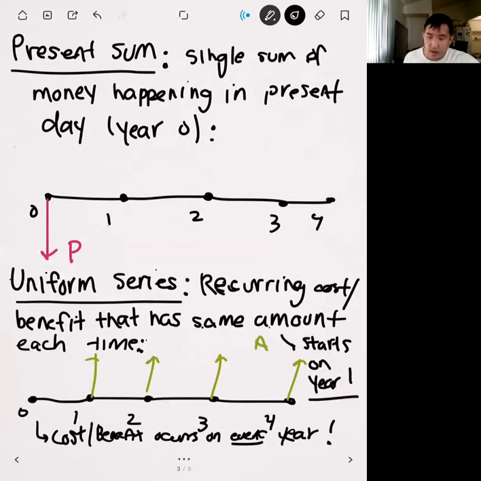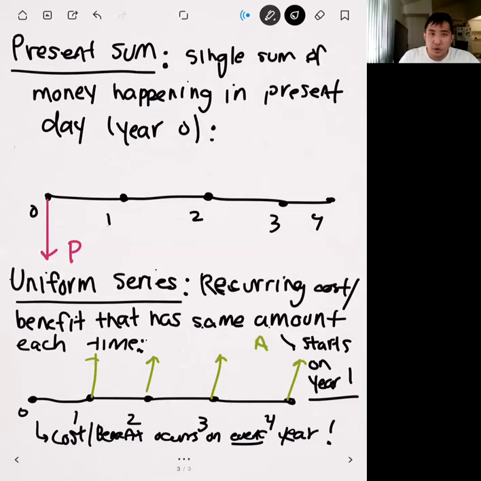I'll stress this throughout this review session: whenever you're doing these cash flow problems, present worth, annual cash flow, even just computing equivalent cash flows, I really want you to draw the cash flow diagram, because it's really easy to get lost in the verbiage and the numbers of a problem without knowing what they really mean.